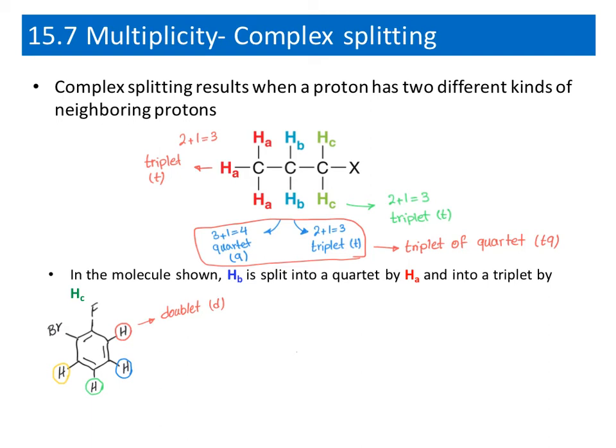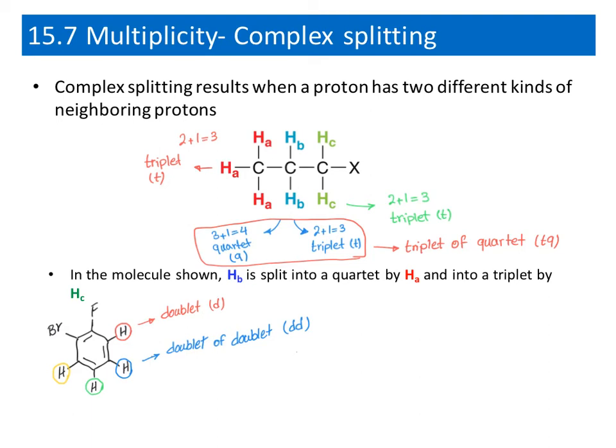So the red hydrogen makes the blue hydrogen a doublet. And the green hydrogen also makes the blue hydrogen a doublet. 1 plus 1 is 2, so it's a doublet. So we are going to have doublet of doublet for this proton. And we show that with DD.